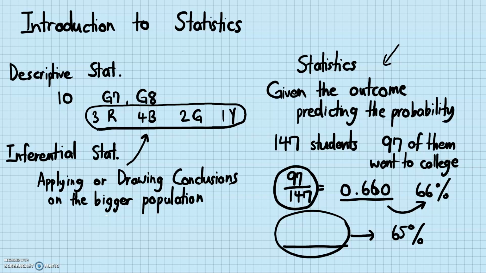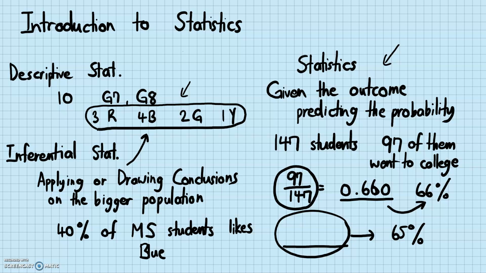So based on our data here, we are drawing the conclusion that 40% of middle school students like blue. This is based on this data right here: 4 out of 10 students said that they like blue. So we are drawing the conclusion and applying this conclusion to the bigger population.